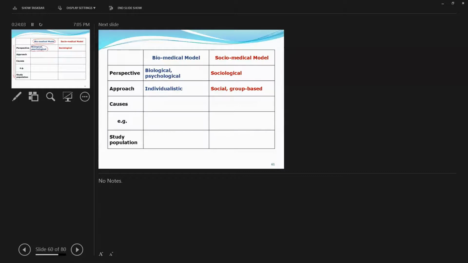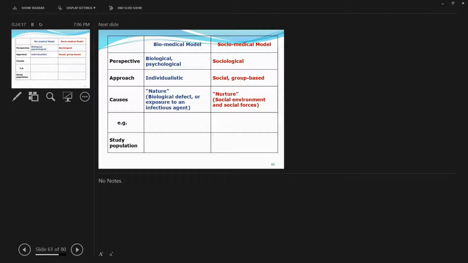The social medical model is sociological, social as opposed to psychological, biological, and medical, because psychological is individual-based, sociological is group-based. Yes, so for the second one, approach, individualistic for the biomedical model, social and group-based for the social medical model. We study health conditions as outcomes of groups as opposed to individuals.